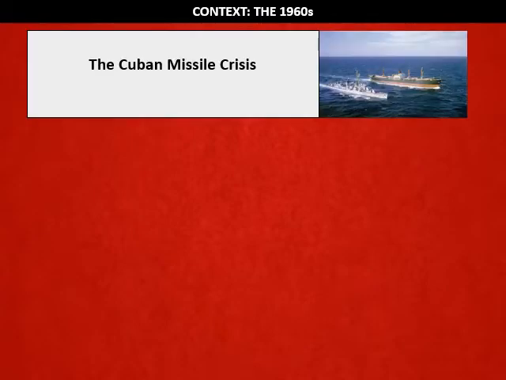Let's place the period of détente in context to see where it fits in the Cold War. In 1962, the Cuban Missile Crisis had brought the world to the edge of a nuclear confrontation between the superpowers. Both were desperate to avoid the possibility of this happening again.